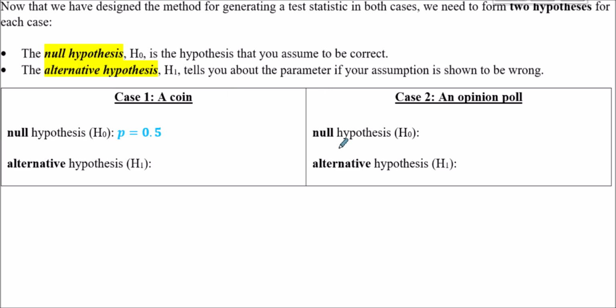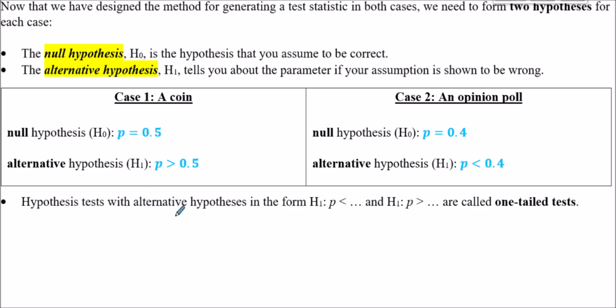For the opinion poll, if we're assuming that her support is 40% of the population, then the null hypothesis would be that the probability or proportion of someone supporting her is 0.4. The alternative hypothesis for the coin, if it's biased towards head, is that the probability of heads is greater than 0.5, whereas for case 2, this opinion poll, it might be that she's actually overestimated her support. In that case, the probability of somebody supporting her may be less than 0.4.